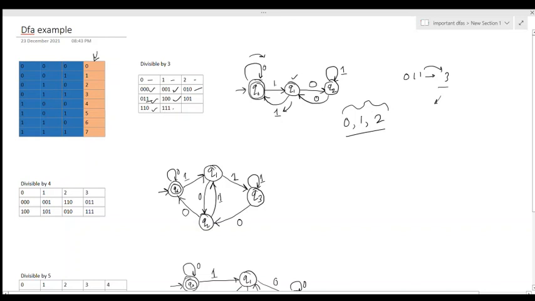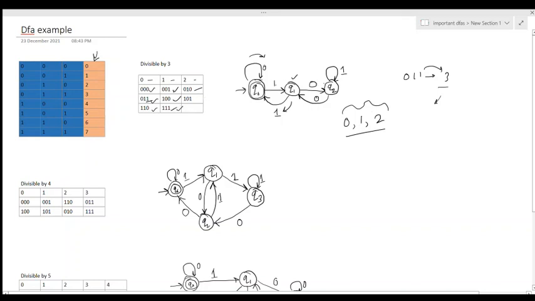Now the value for three ones: we start with Q0, take 1, then go back to Q0 and again 1, so 3 ones are also recognized.